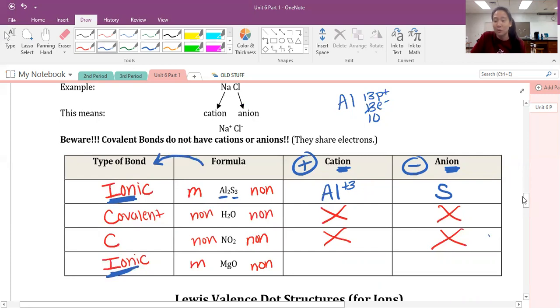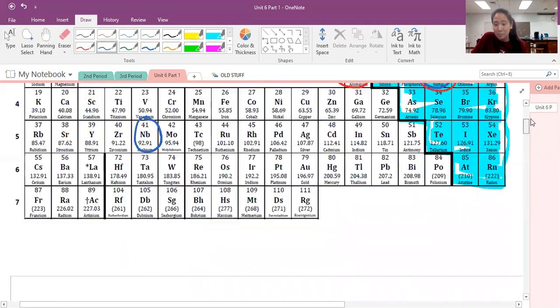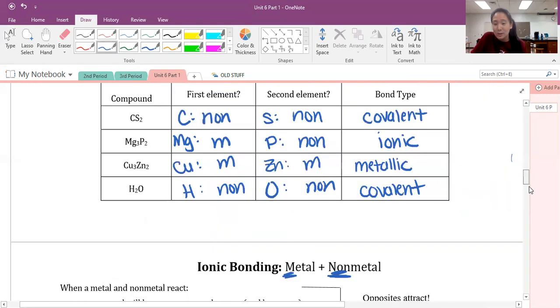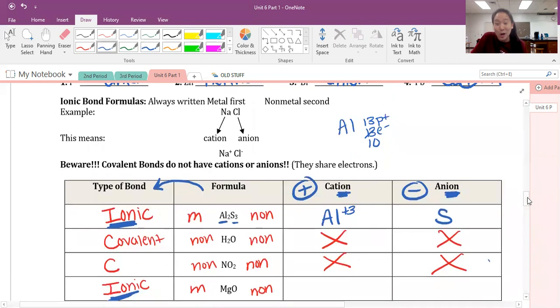So same thing with sulfur really quick. Sulfur is a non-metal. So if you look up here, sulfur has 6 valence electrons. So it's going to gain 2 electrons to have a full octet, right? Look like a noble gas.